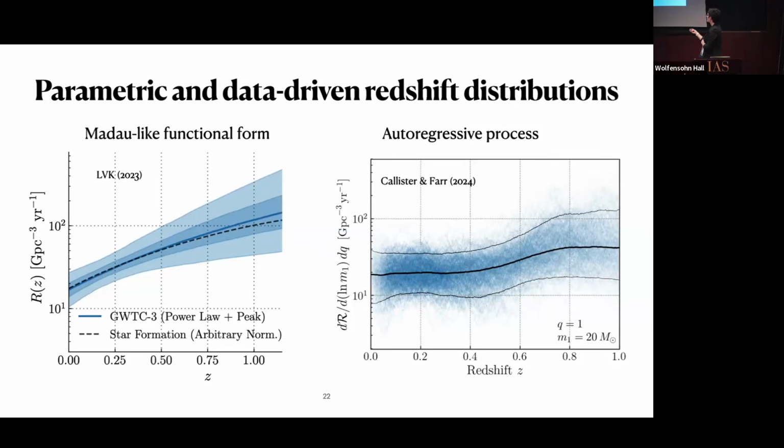Here is a fit to essentially the same thing, but this time from this autoregressive process. The other kinds of data-driven models tend to find similar things, at least on the GWTC-3 data. I should say, everything I've been showing is based on that third gravitational wave transient catalog, which doesn't include all 300 events.